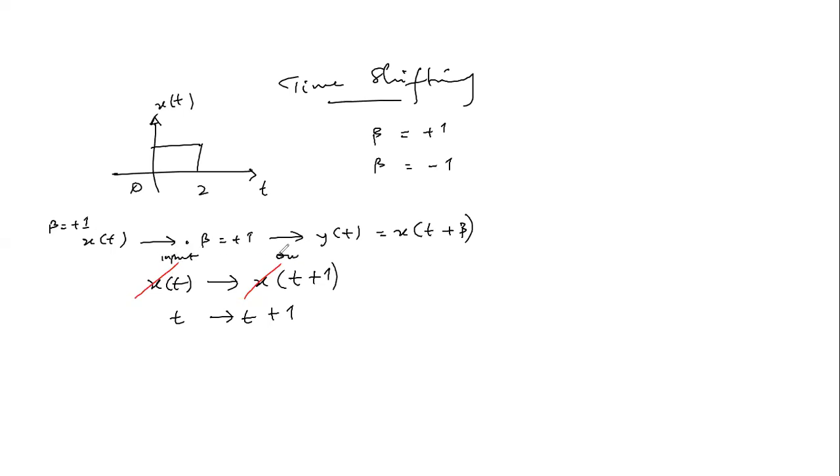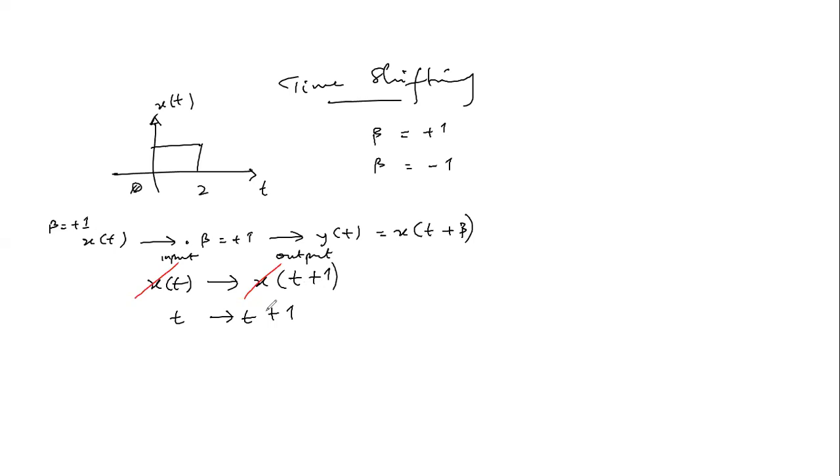This is our output, right? So what we are after is the time we are going to receive this in the output, not input. But we know our input time values, in this case 0 and 2, but we don't know t at the output. Does that make sense?